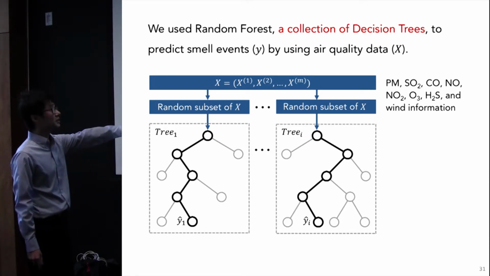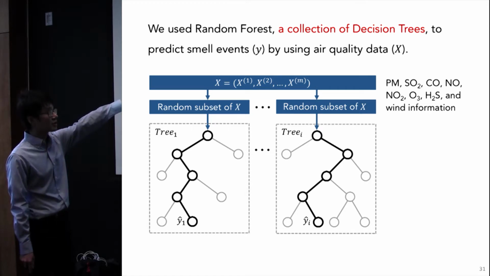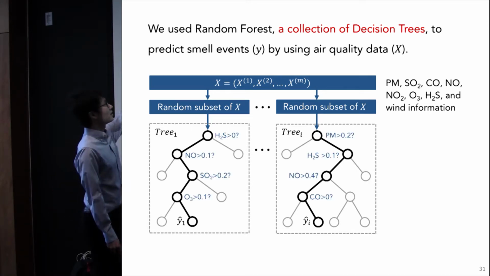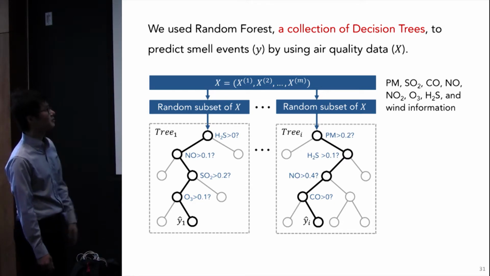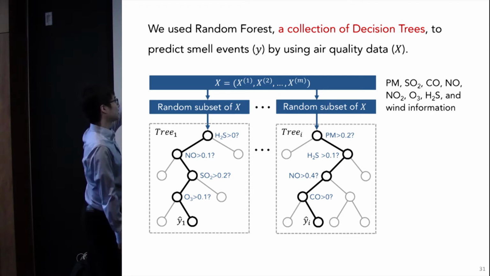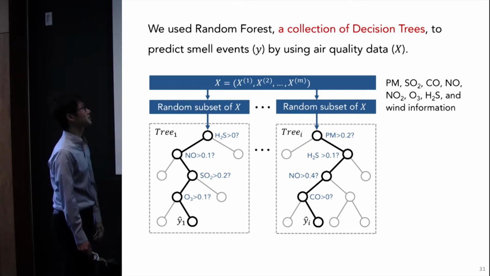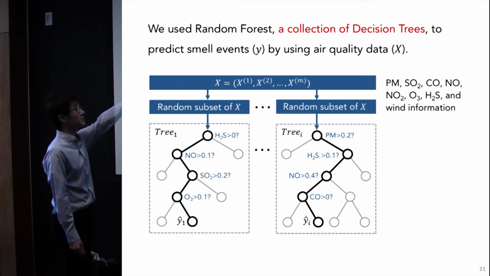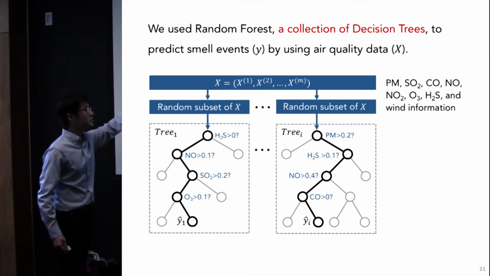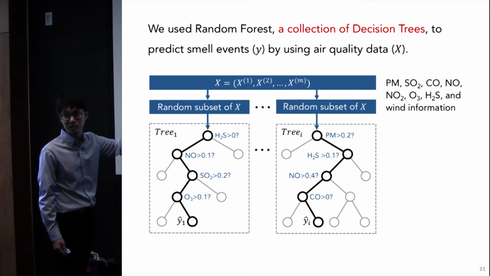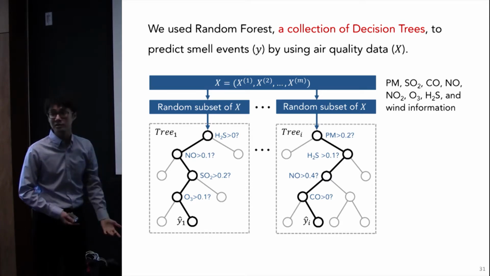So to give you an idea about how the tree works, you can look at the node. For example, maybe that expert will first inspect the H2S and then check if it's larger than 0. If it's yes, then it goes that way. And then check if it's larger than 0.1. If it's no, then we go this way. And then eventually you will reach the end of the tree. It's like how doctors make decisions.